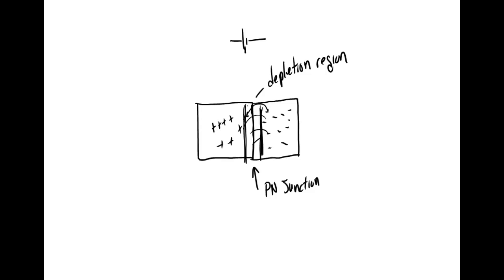Let me find one of my meters. Diode. And to measure this, I'm going to put my black lead on this end right here, and I'm going to put my red lead on this end right here, and we'll be able to measure the voltage.